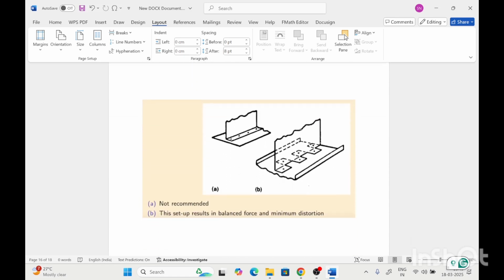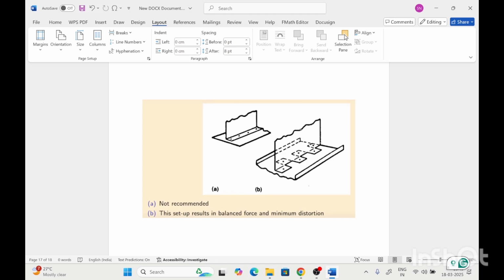So next is the shape and position of the spot nugget. In the first case, the spots are formed only on one side, but in the second case, the welding joints are created alternately on both sides.